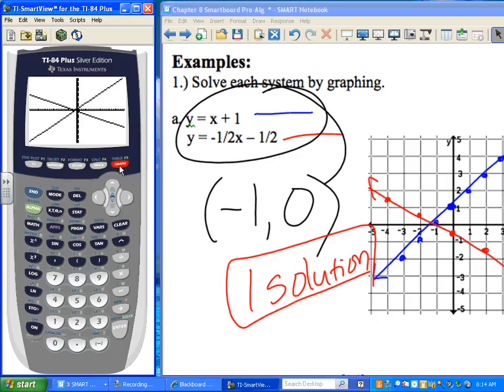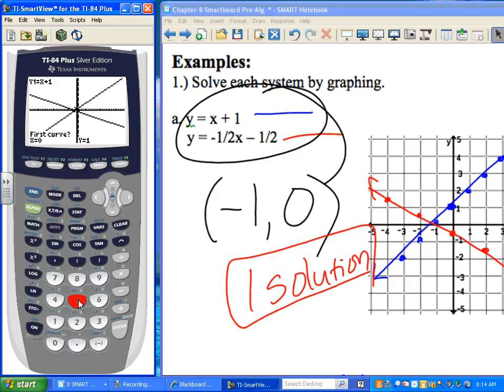All right, so everyone that's retrying it, I want you to watch me for a second. Here's how to check your answer on the calculator. Those of you that have it up, do this. Everyone else watch. I want you to hit second trace. Good job, Mike. Number 5 says intersect. Press number 5.